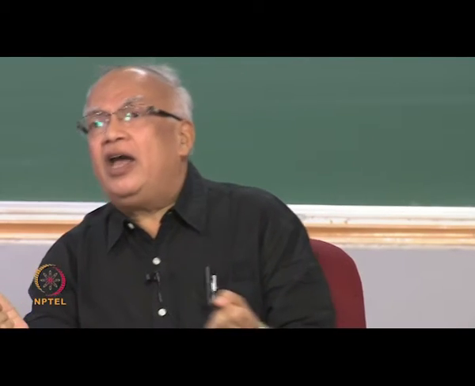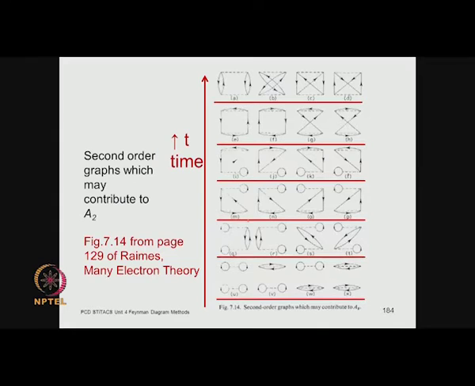So, not all diagrams will contribute to the ground state, only some diagrams will and some will not. When you consider all kinds of possibilities, you can get various second order diagrams, however, not all of them will be possible.